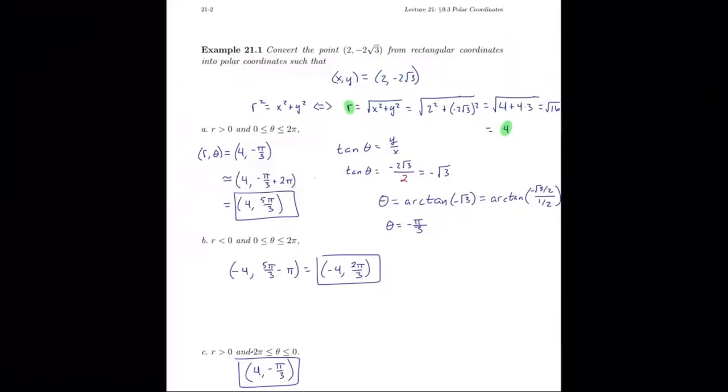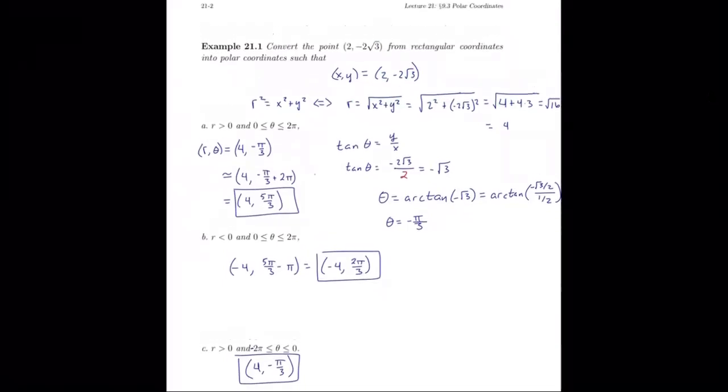This point is a distance 4 from the origin, or a distance 4 from the pole when we think about it in polar coordinates. So we know the first half of a polar coordinate. We know what r is. In this condition A, they want us to express the point with a positive radius. So it turns out in polar coordinates that we can express points in non-unique ways.